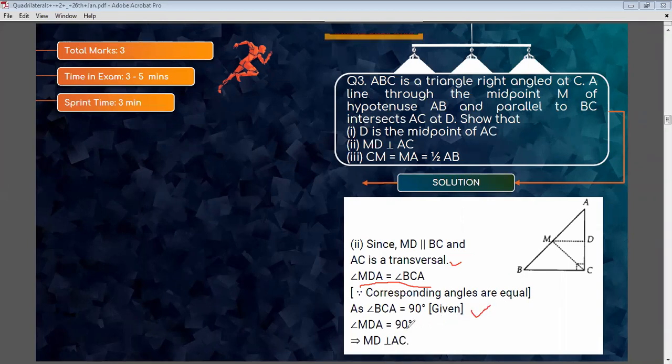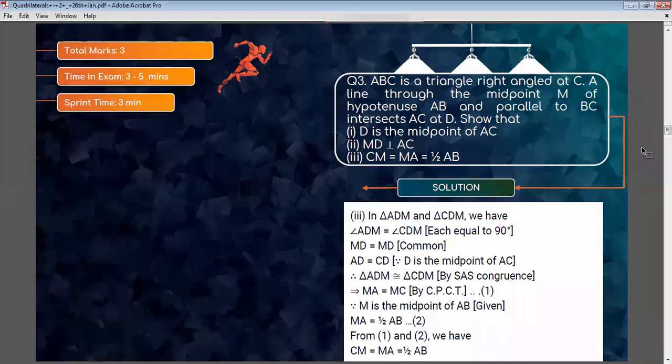So BCA is 90 degrees, then MDA is also 90 degrees, then we can say that MD and AC are perpendicular to each other. Done. Second part. Let's move to third.